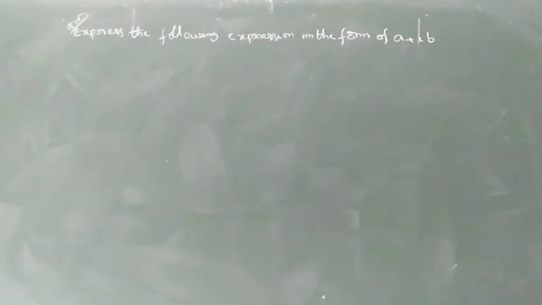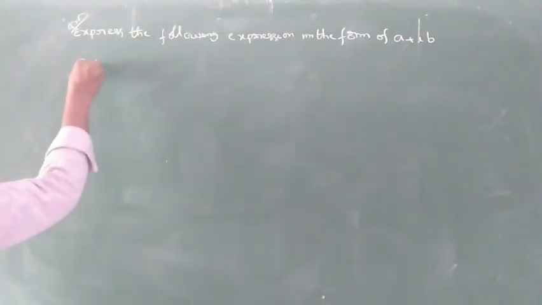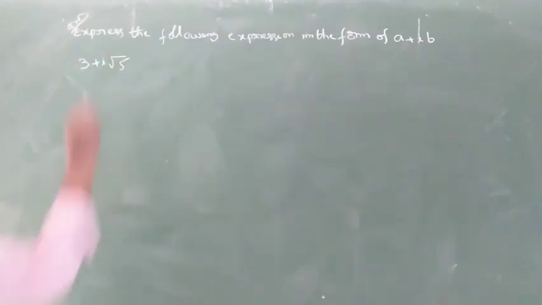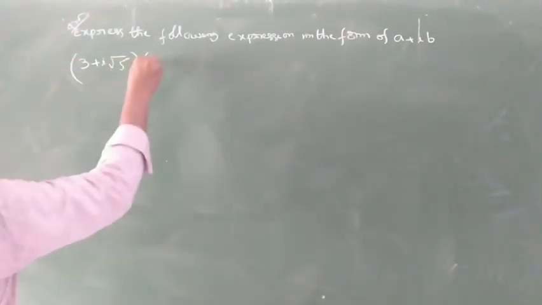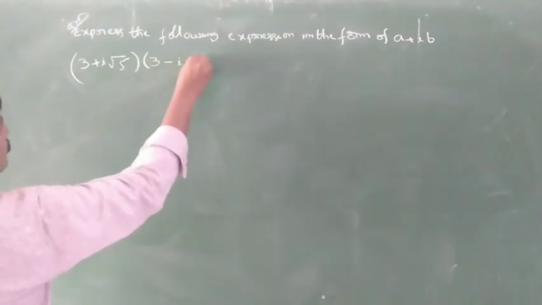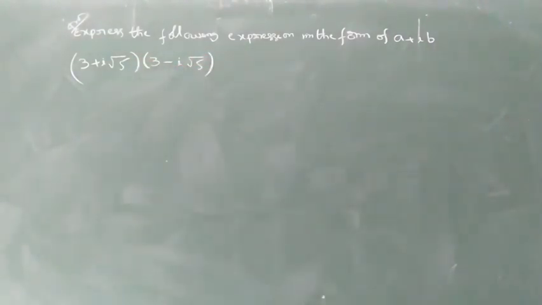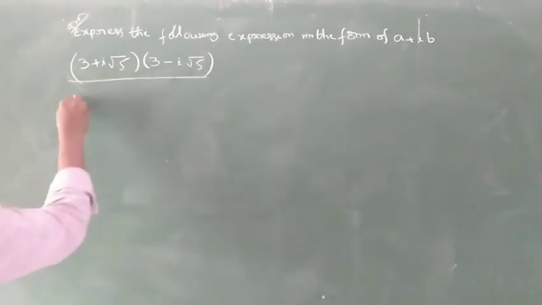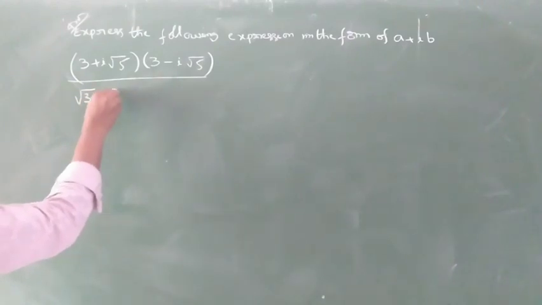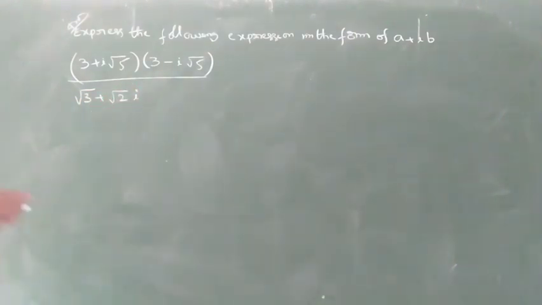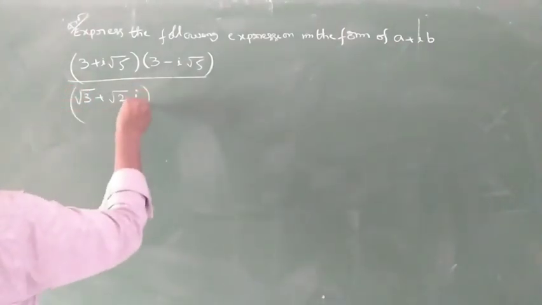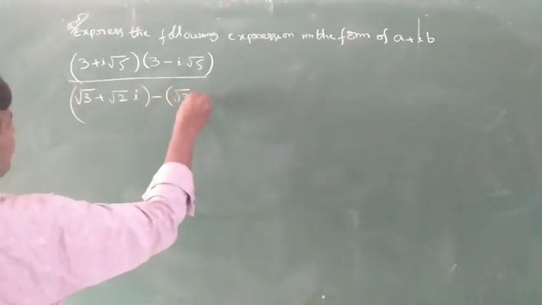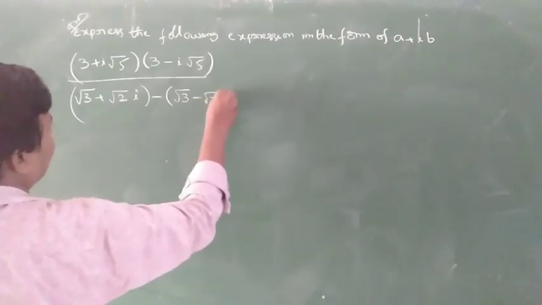What is the expression? 3 plus i root 5 into 3 minus i root 5 by root 3 plus 2i, minus root 3 minus root 2i.